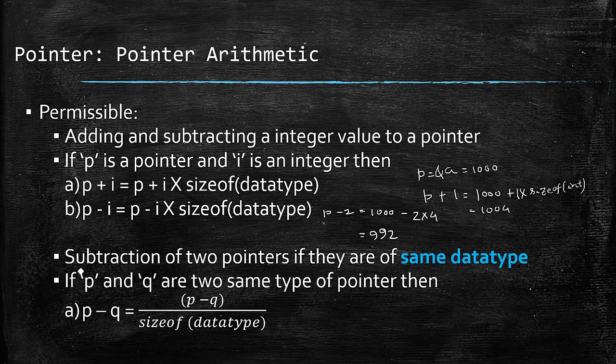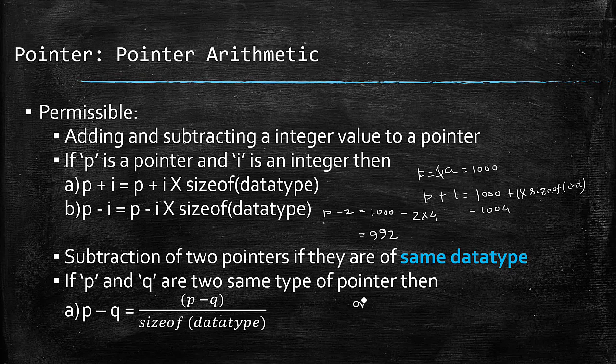We can subtract a pointer from another pointer if their data types are the same. If their data types are not the same, we cannot perform the pointer subtraction. So let us consider P and Q are two pointers of the same type, then P minus Q will be P minus Q divided by the size of the data type. So considering the same example, we have written Q equals P plus 2.